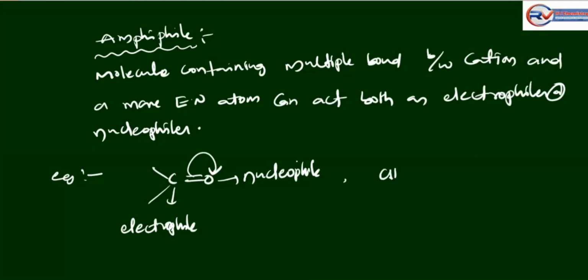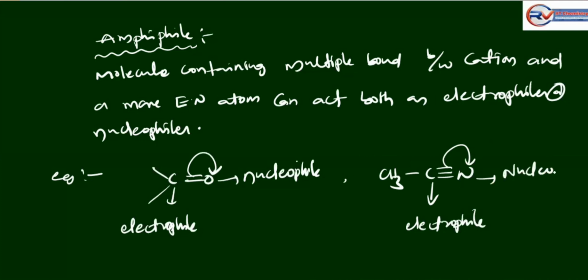Second example, methyl cyanide. Here the pi bond shifts to nitrogen. Carbon is the electrophile, nitrogen is a nucleophile. These are amphiphiles.